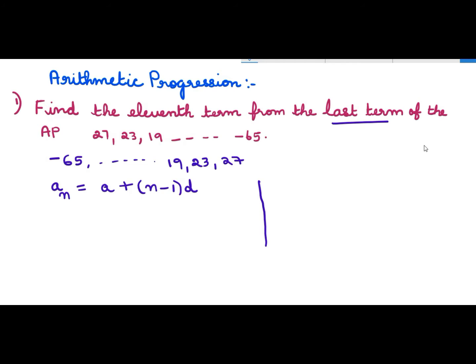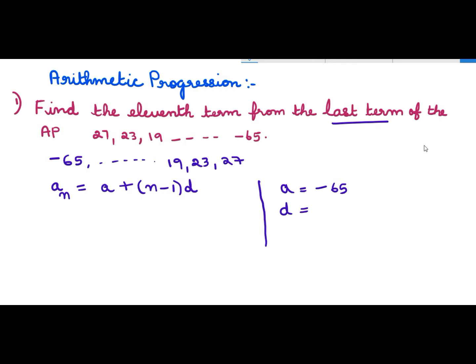a1 means first term, a2 means second term, a3 means third term. a is the letter denoted for the first term, d is the common difference. So here the first term is minus 65. d means common difference. In arithmetic progression, common difference remains constant.